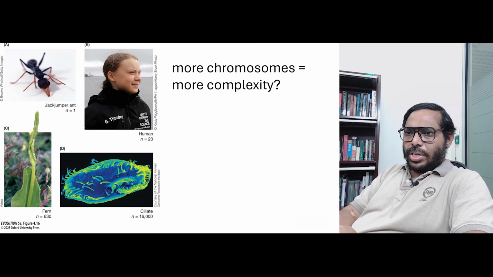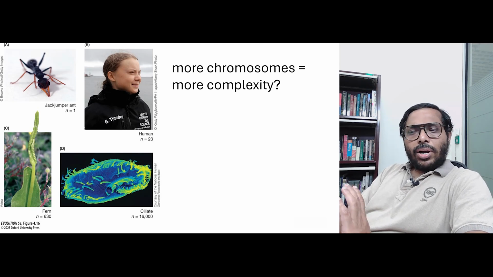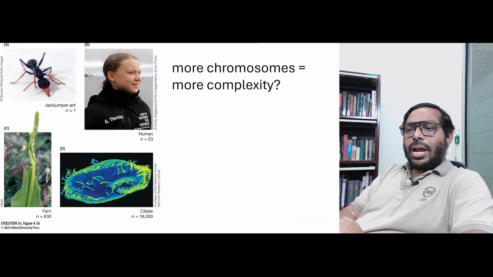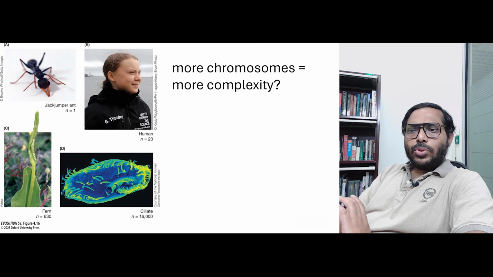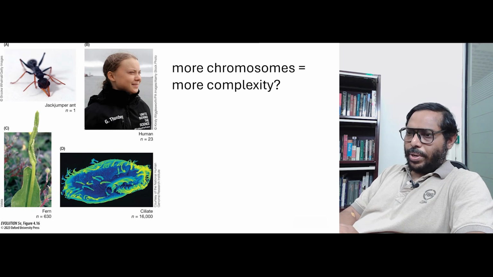Here we have 4 species, the jackjumper ant, the human, a fern and some kind of a ciliate, which is a one-celled organism. As you can see, the ciliate is a one-celled organism, therefore it is obviously very simple. The fern is a plant, the jackjumper ant obviously has more kinds of tissue types etc. than the fern, and in terms of complexity one can argue that the human is the most complex.